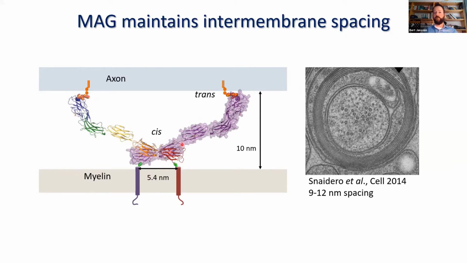This gives us a model which would show that the spacing between the cells would be about 10 nanometers. And this matches fairly well with recent negatively stained and fixed electron microscopy of a myelinated axon, where the distance between the 2 cells seems to be very well maintained, somewhere between 9 and 12 nanometer spacing.